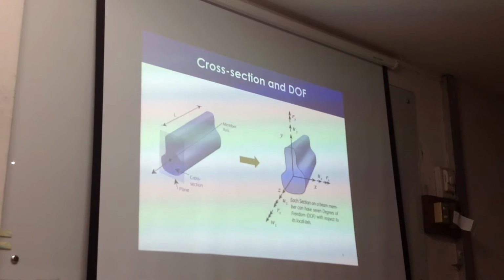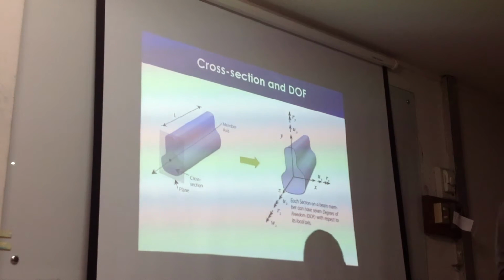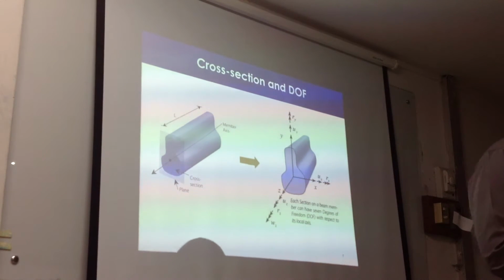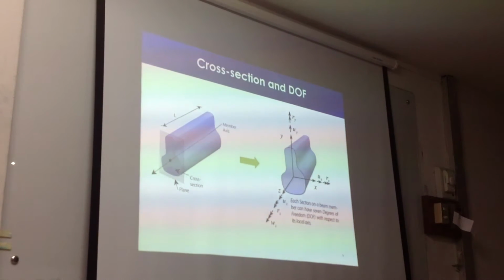Torsion? Length to the 4 is the same property. Torsional constant, length to the 4, right? Warping constant, what unit is the warping constant? Length to the 6, right? So we are dealing with properties with units of length square, length 4, and length 6.